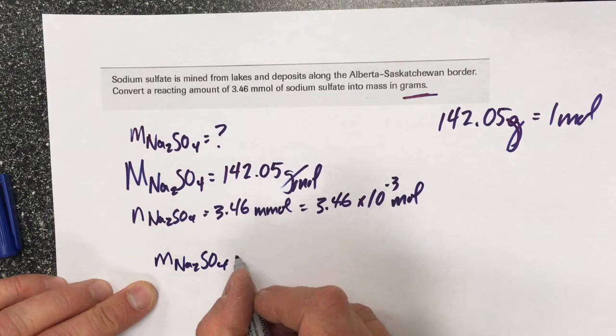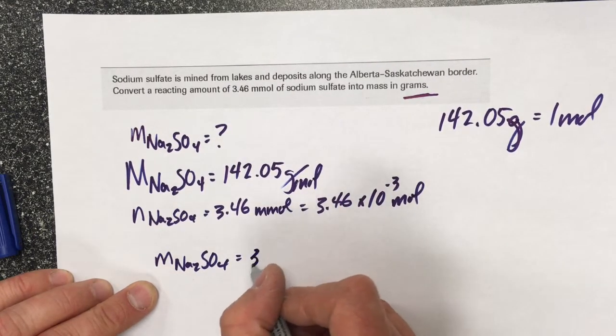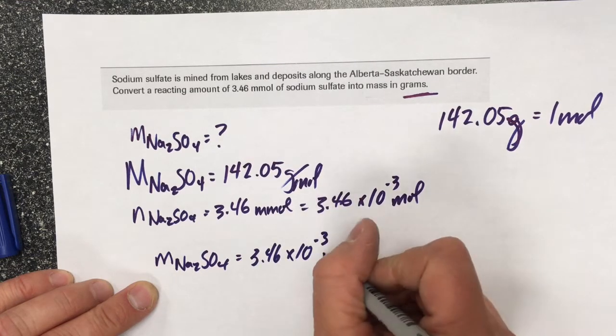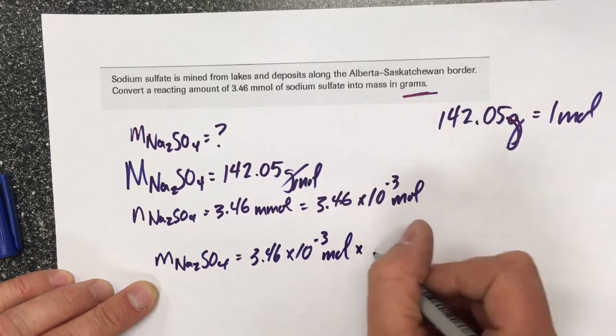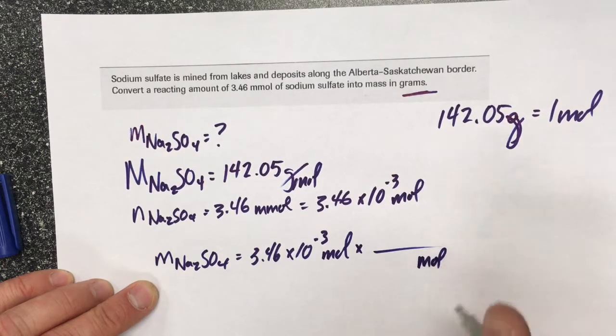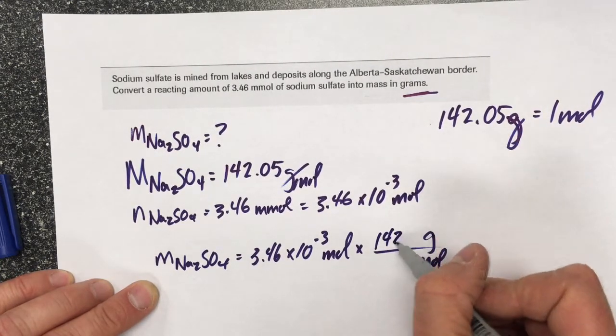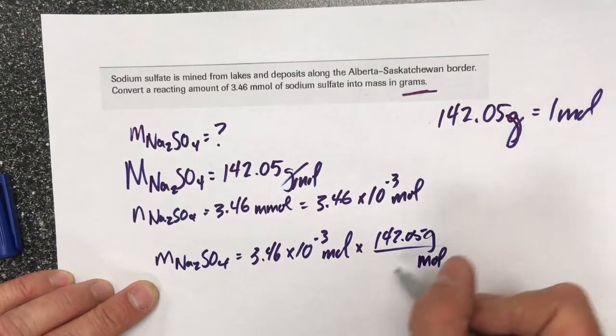So we can use that relationship between mass in grams and moles to calculate this because we already know the mole. So if I take the molar amount, 3.46 times 10 to the negative 3 mole, and I want to get mole to cancel out and be left with grams, 142.05 grams is the same as 1 mole.